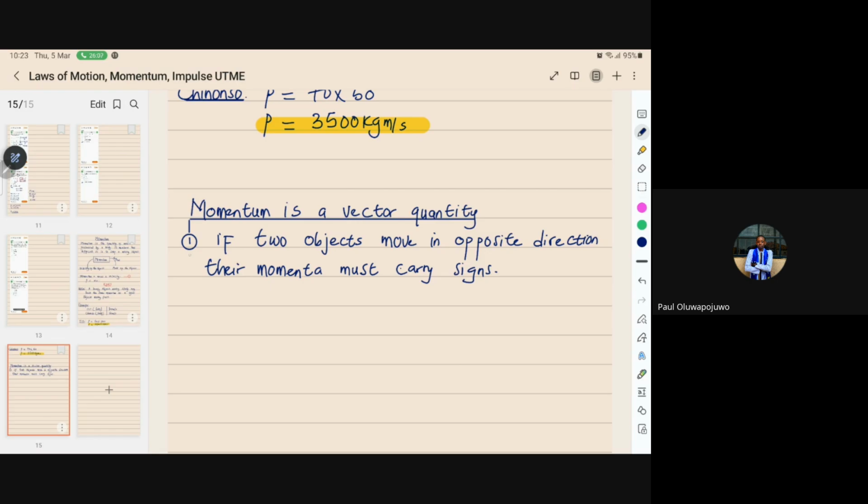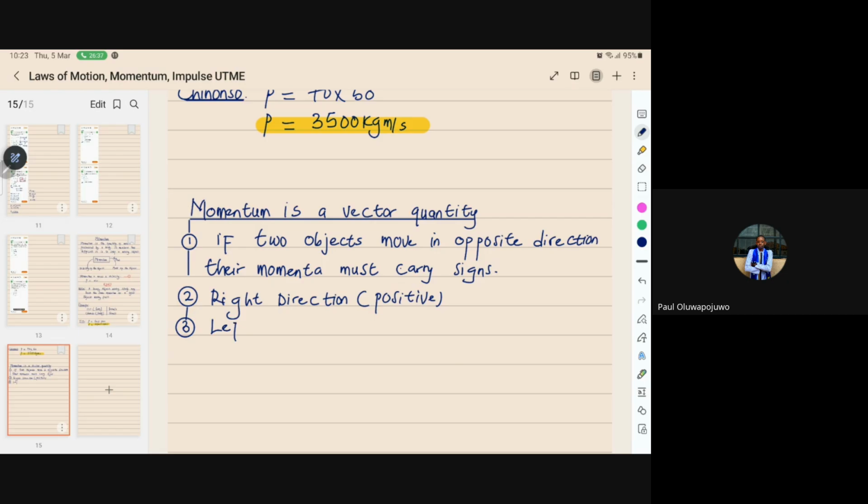So what does that entail? It's simply saying that the second thing I want you to know, for example, if it's moving in the right direction, it should be indicated as positive. So you have to indicate the signs, right? If the objects are moving in different directions, because it's momentum, we'll have to take note of that. Because this will really help us when we start solving questions on collision.